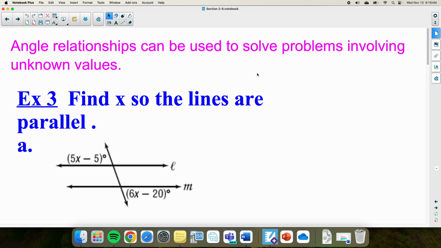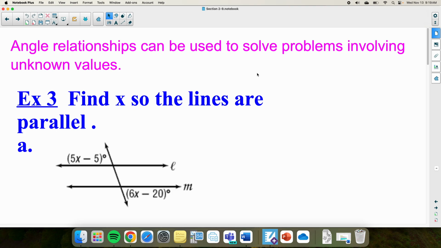We did some of this in section 2-7, but basically what this is asking us is you are going to figure out what kind of angles they are, and then dependent on that, we'll decide if you set them equal to each other or if you set them equal to 180, okay?